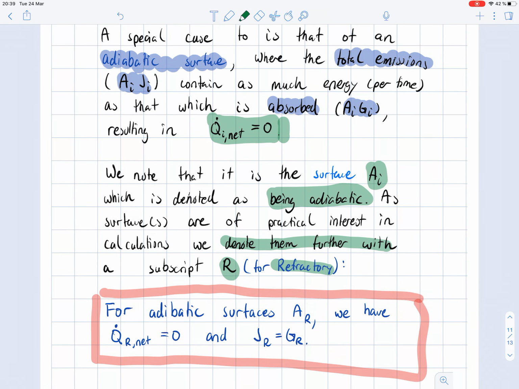So the definition here is that for adiabatic surfaces, AR, we have QR net equals 0. Net heat transfer is equal to 0. And that also means that the outgoing flux is equal to the incoming flux.